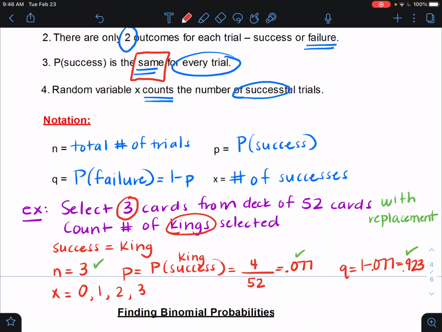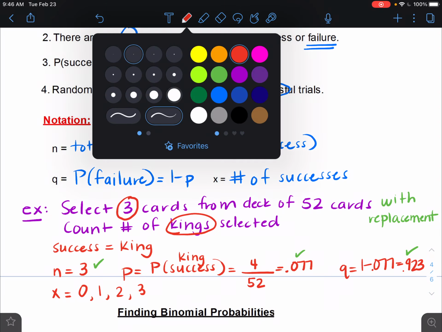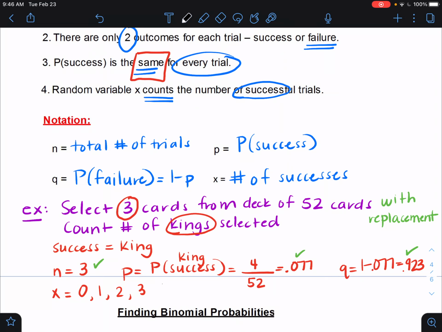I can't get more than 3 kings because I'm only selecting 3 total cards. And just so you know, in general, when you're listing possible values of a binomial experiment, it will always be the counts from 0 up to whatever your value of n is, because you can't go above the total number of trials.